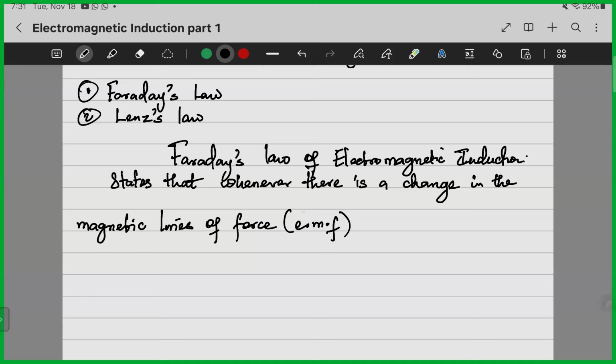Okay, let me remove this bracket. EMF is induced. Or let's say electromotive force.